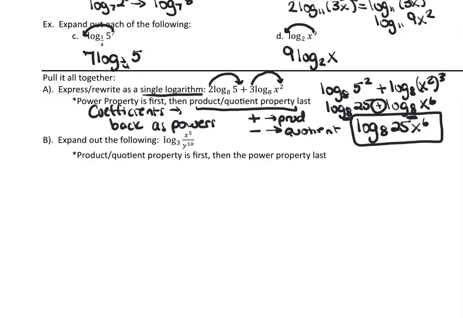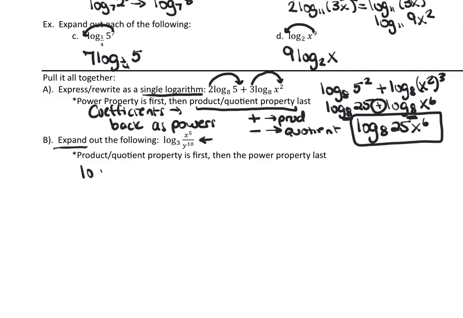And finally, if I ask you to expand out, now we're going to go the opposite way. So you're going to break it into the number of logarithms we have based on the things being multiplied or divided. And then if you have any powers, the last thing we'll have to do is bring those back as coefficients. So the first thing I notice is that this is a division. Division means subtract.